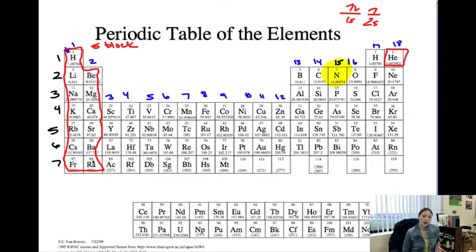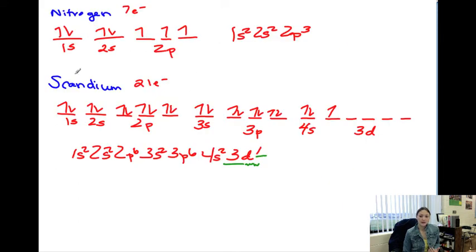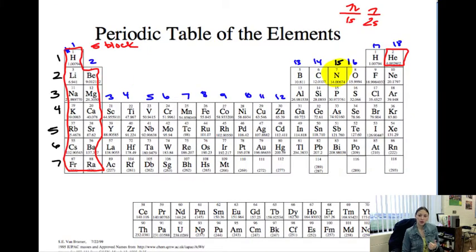Okay. Now, if you put in there as well nitrogen, because I haven't gotten to nitrogen yet, and that's where I want to get. And we said before that nitrogen should end as a 2p3. Okay? So that means that this entire block here in green is the p block. Okay?